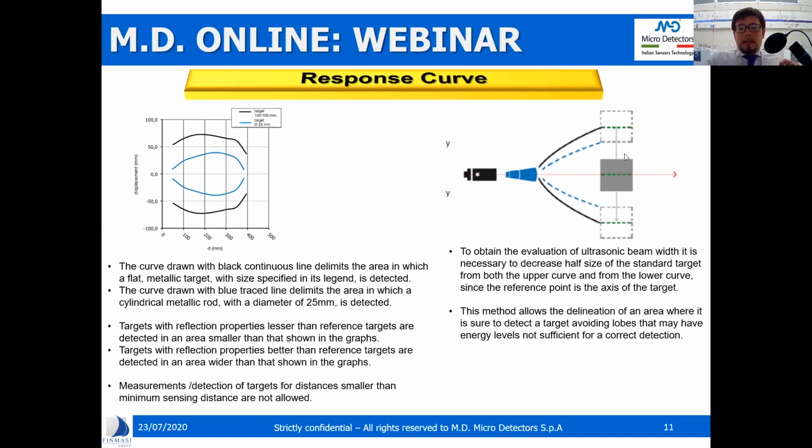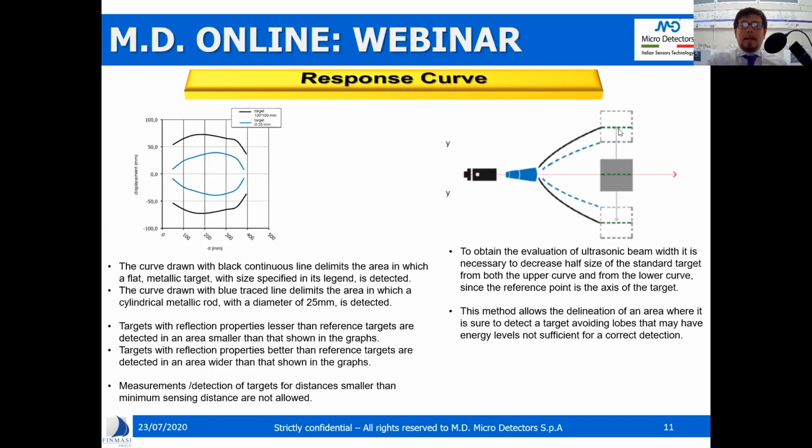But then another important point is related to the interpretation, how to read these diagrams. Let's keep in mind that the reference is represented by the medium axis of the target itself.